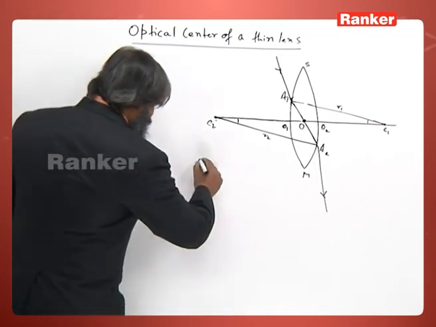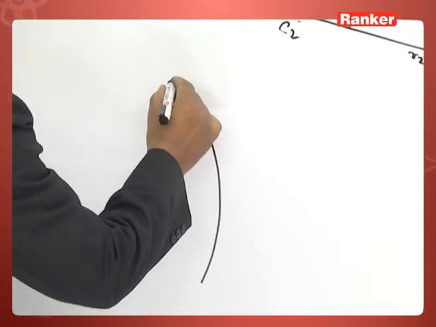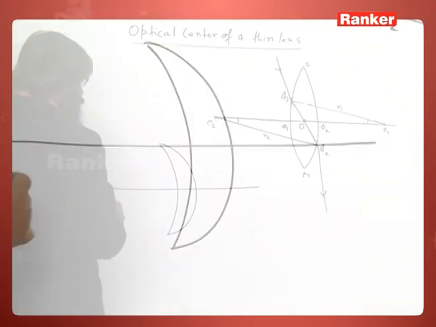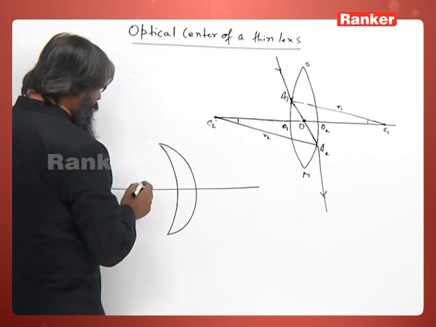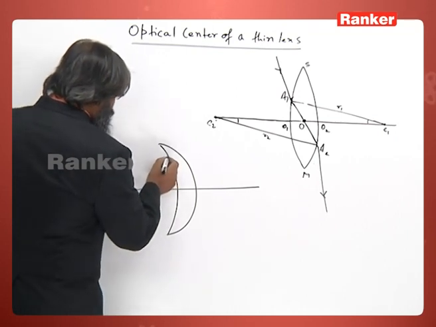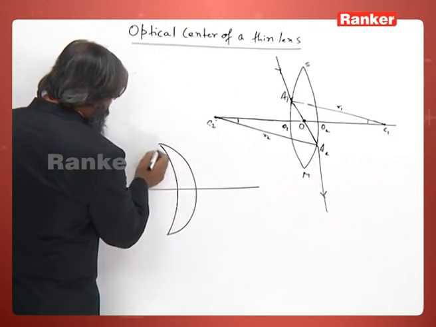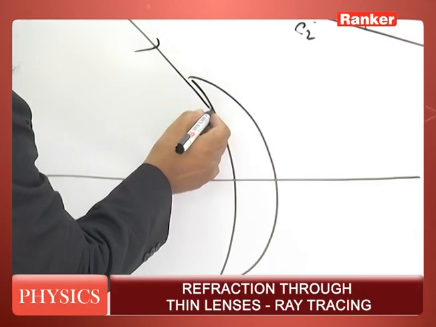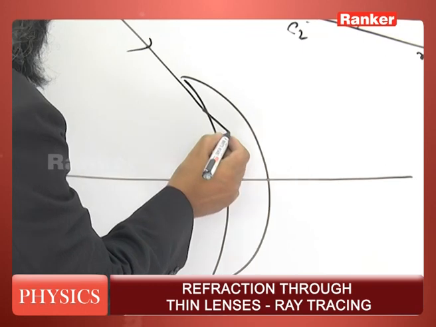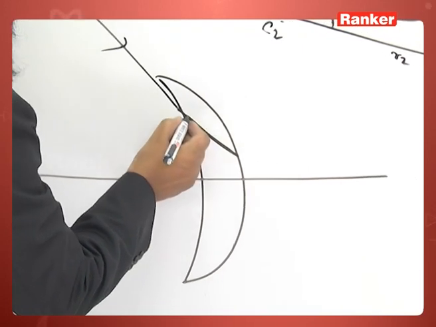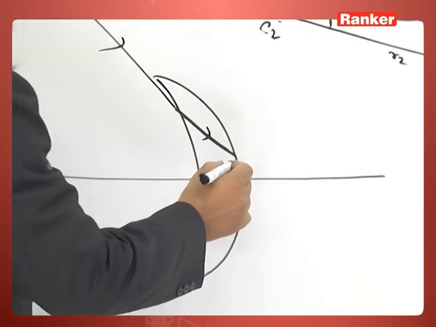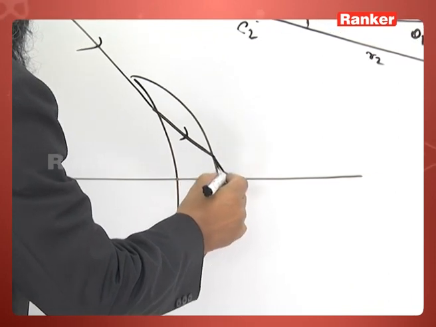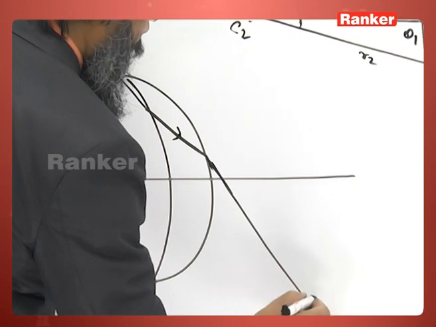Now you see here, suppose we had a lens like this, and at this place suppose a ray is incident like this. Then what happens? This ray goes like this and then comes out like this.